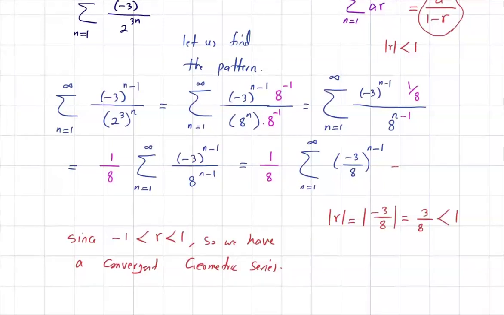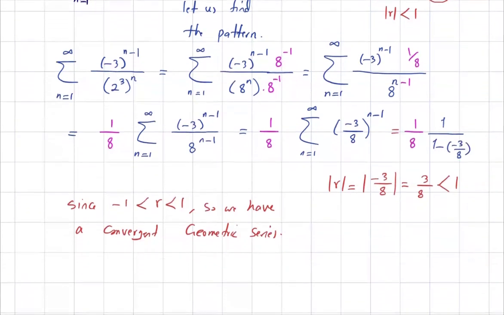So this is convergent to 1 over 8 times 1 over 1 minus -3 over 8. Let us simplify this as much as we can.